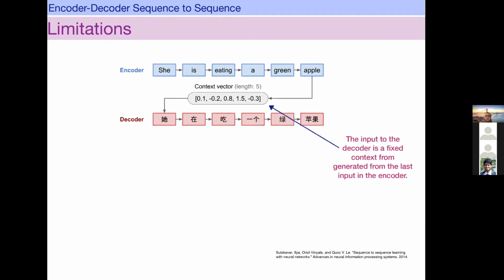Remember that we have this forget gate that tells us when to forget. So at this point, there's a lot of stuff from the beginning that we already forgot. And actually, the words in the beginning might be really important to make our translation. So we don't want to forget them, and we want to focus on different words from different time steps. This is why the idea of attention came up.